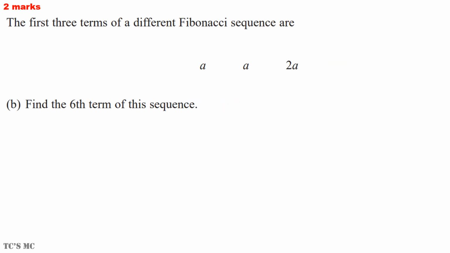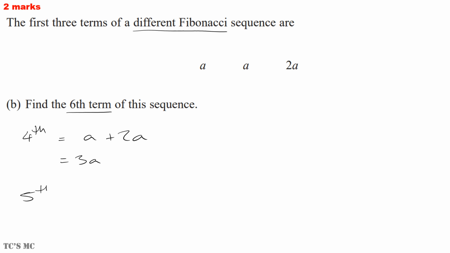The first 3 terms of a different Fibonacci sequence are A, A, 2A. Find the 6th term of this sequence. So we need to show method here as it's 2 marks. The 4th term would be A add 2A to give us 3A.